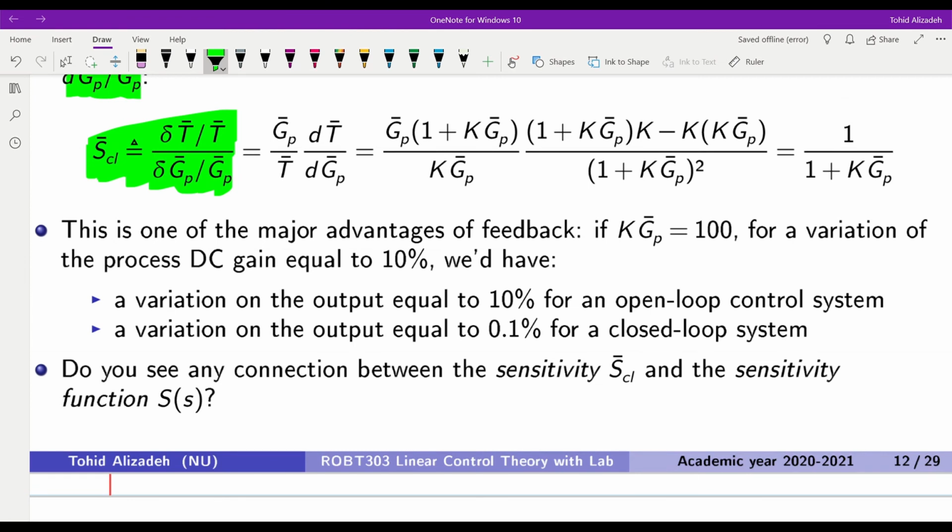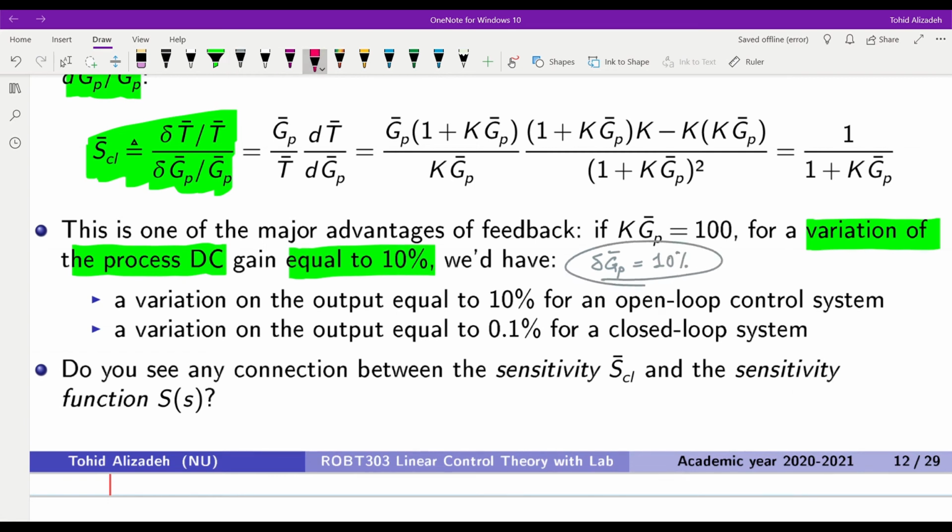A variation of 10%, just a second, so we start from here indeed. If we assume that we have a variation of process DC gain equal to 10%, so indeed we have delta GP bar equal to 10%. Okay?